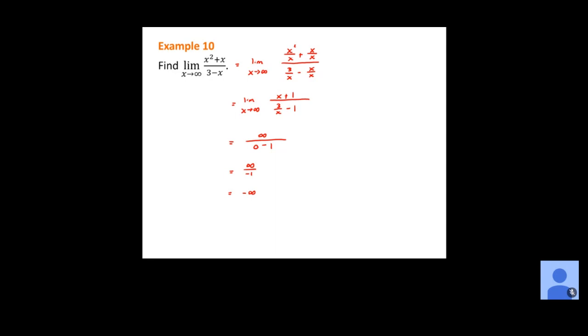So again, be very careful here. Make sure that you're still doing the process we always would. Even though the numerator is approaching infinity, the denominator is actually approaching negative 1. So the overall limit now is negative infinity. Any questions on that one?